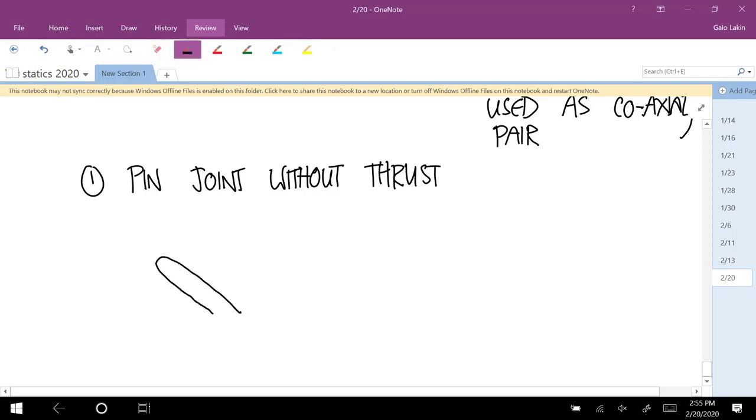So you have one object here connected to another body here, and they're connected by a pin that goes through. Okay. You with me on this?